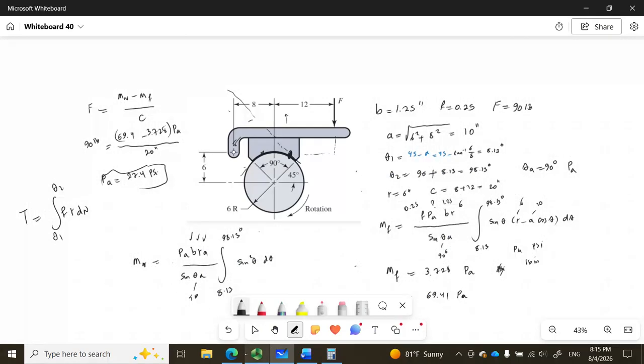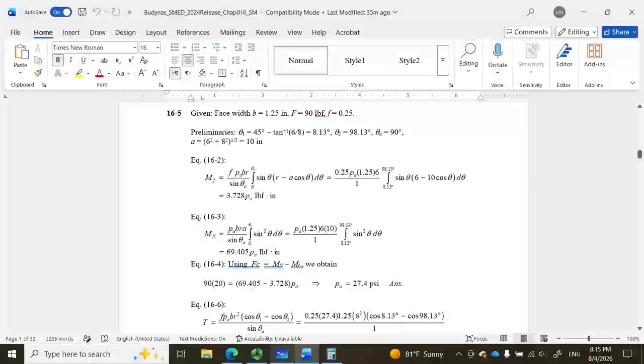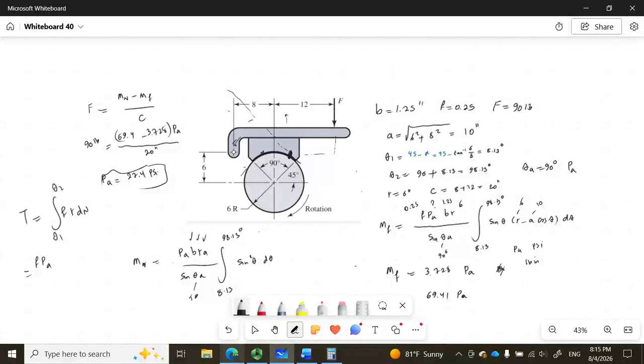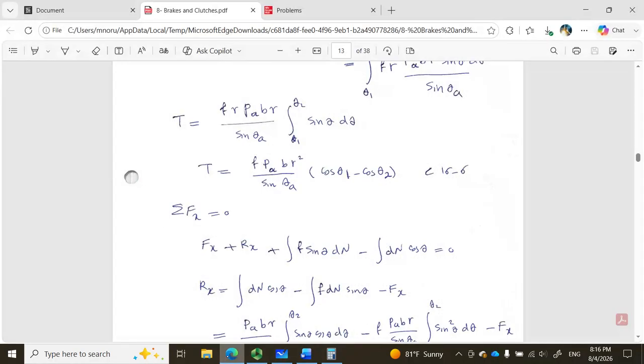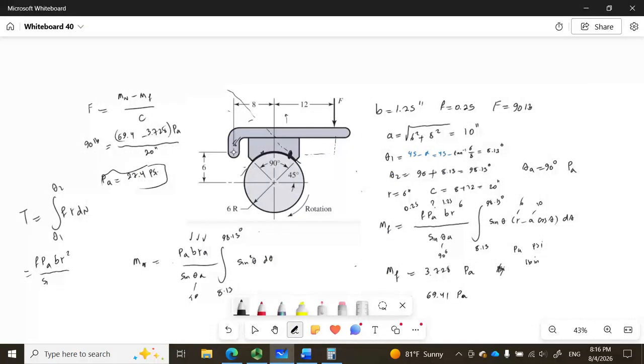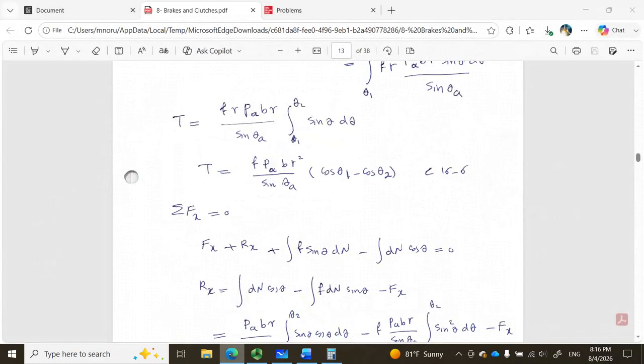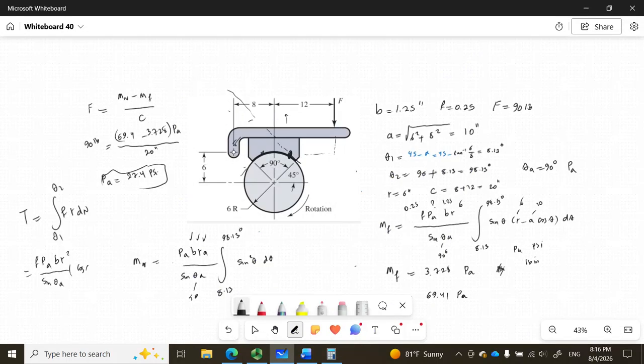So let's write it. T equals f PA b r squared divided by sine of theta A, times cosine of theta 1 minus cosine of theta 2.